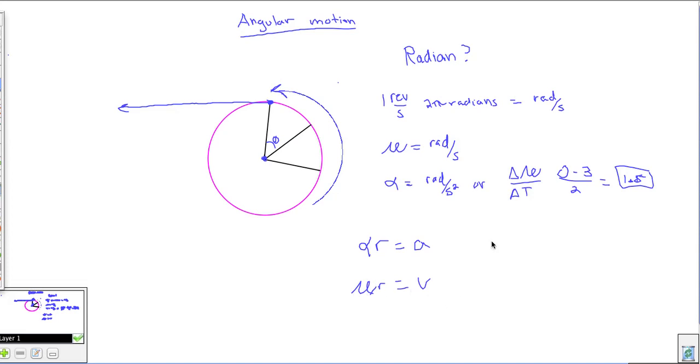Or let's just say we had distance. The distance in meters is going to equal my radius times my number of radians, right?